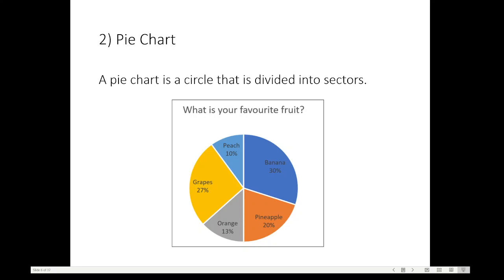Okay, this is the common one. However, you can also put it in the form of frequency. You can put frequency or you can put percentage.